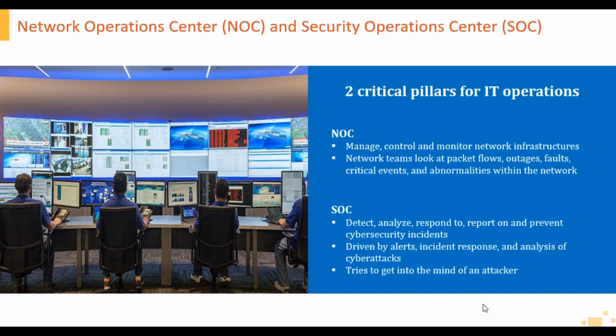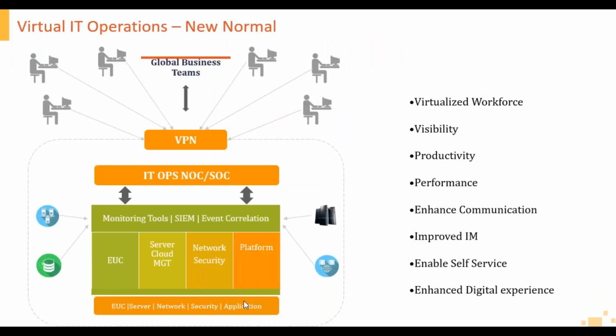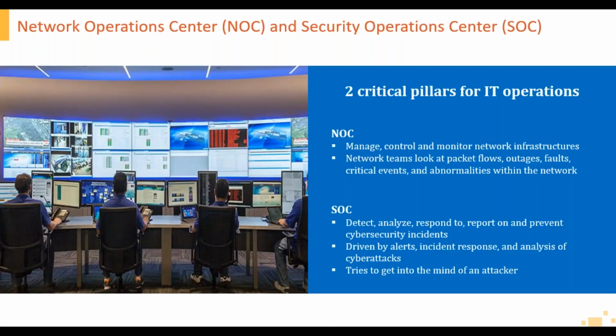The NOC continuously monitors outages, faults, critical events and vulnerabilities within the network, and they're more focused on connectivity, uptime, network failures, and configurations and changes to environments due to incidents and security events.